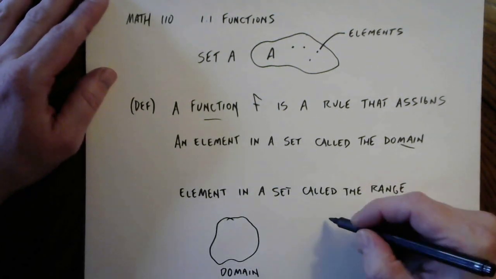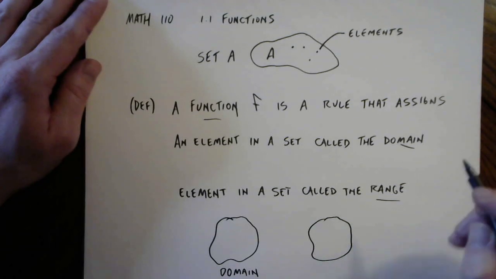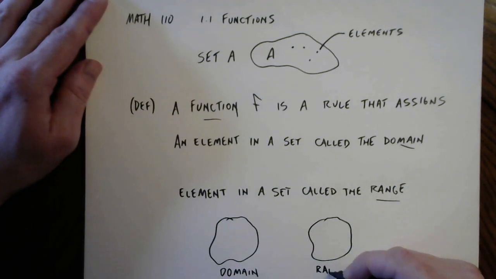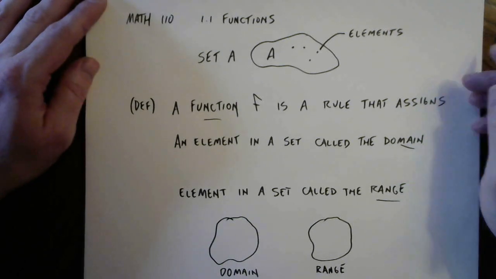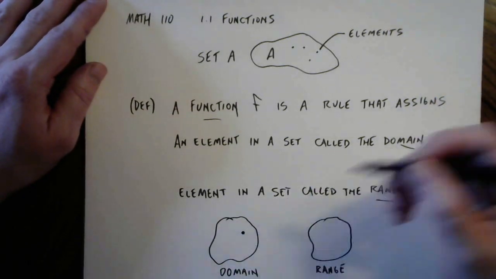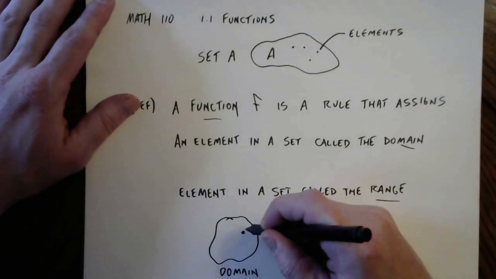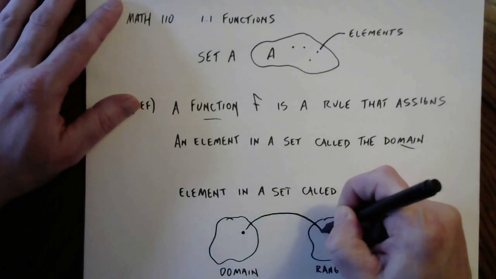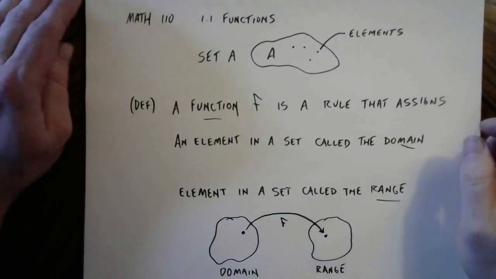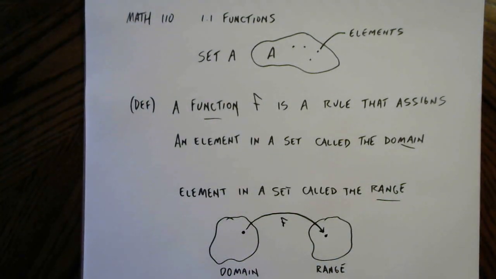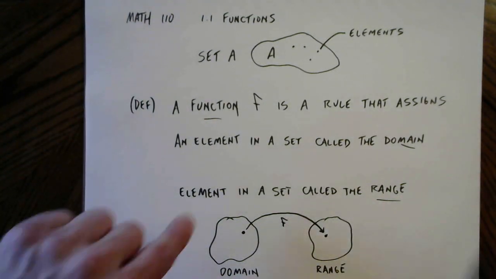Okay, I have another set over here. And this is my range. And say that's some arbitrary element. I'm going to hook this guy up with an element over here via some rule. That's called my function.